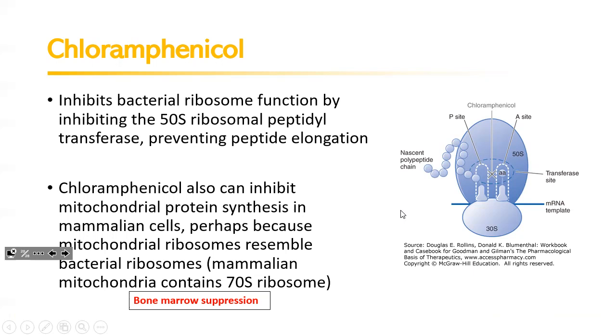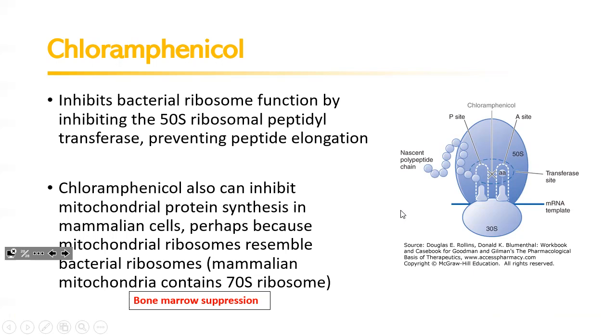Yes, exactly. One of the theories is that it might be an ancient bacteria that was engulfed by another bacteria, and then they had this mutual benefit. That's why you're going to find two membranes surrounding the mitochondria, and it has its own protein synthesis path.